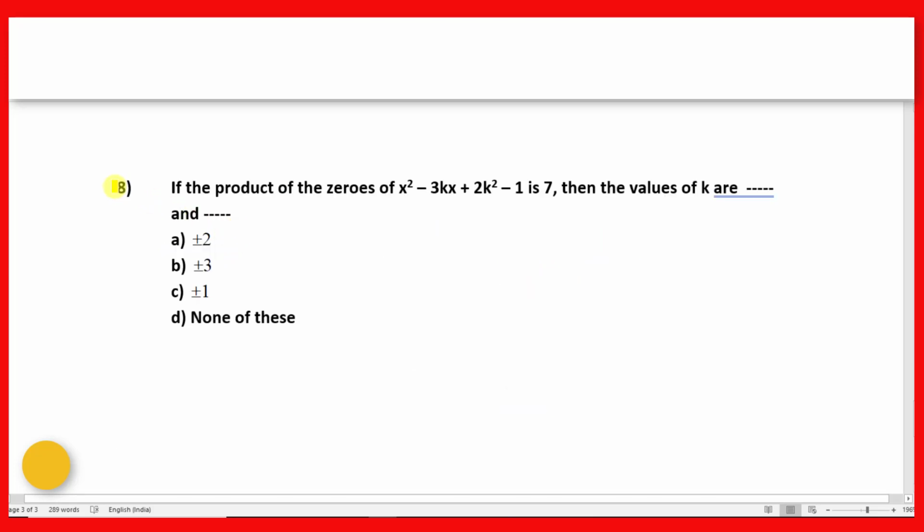Here is question number 8. If the product of the zeros of x square minus 3kx plus 2k square minus 1 is 7, then find the value of k.